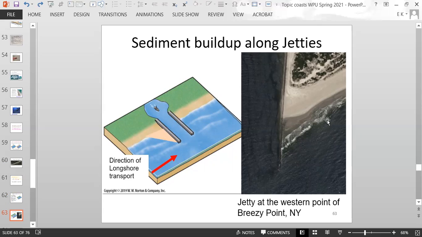This is a jetty at the western point of Breezy Point, New York. And the longshore transport is going this direction. So all of this is sand that builds up along this jetty. And this channel is left open.